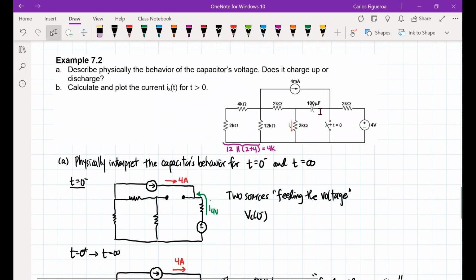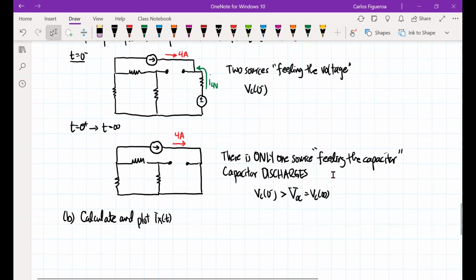So I've got to remove that capacitor. I want to calculate this guy here, which is the same as one of the 2 ohm resistors, as a function of time. So that's my goal right here.